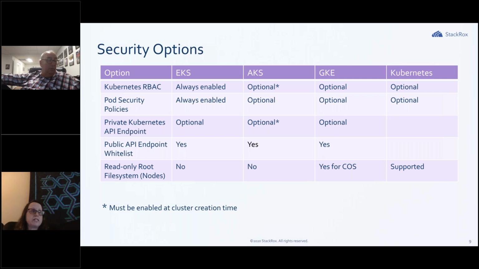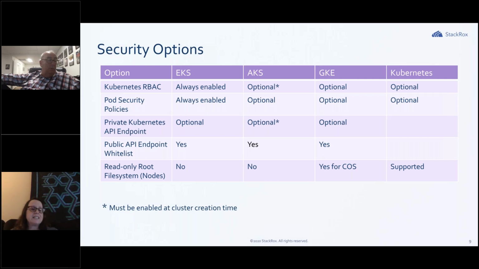Another very strong security option would be to use read-only root file systems on your nodes. If a malicious attacker does get on your node, they cannot install whatever malicious program they want. They can't install a crypto miner.